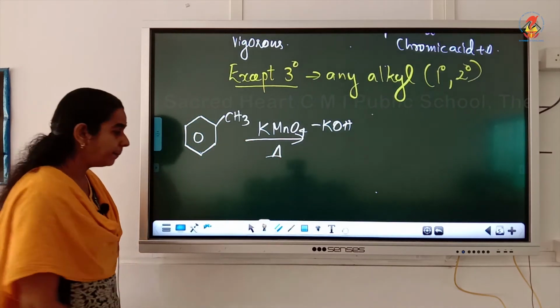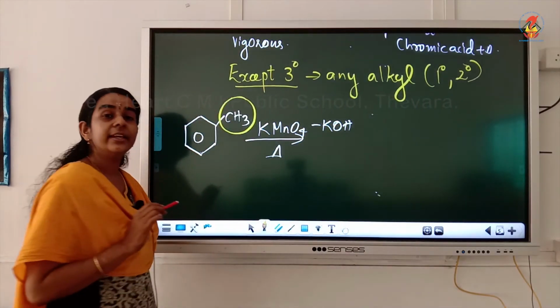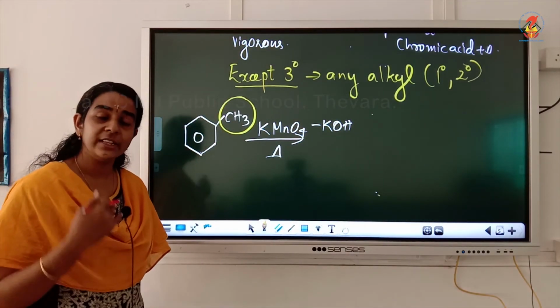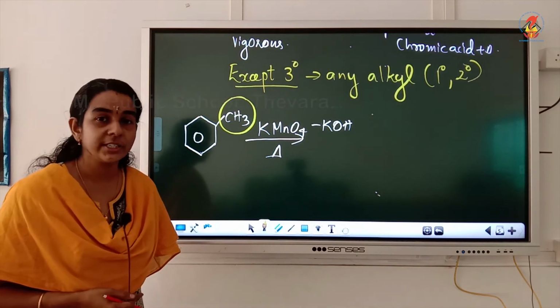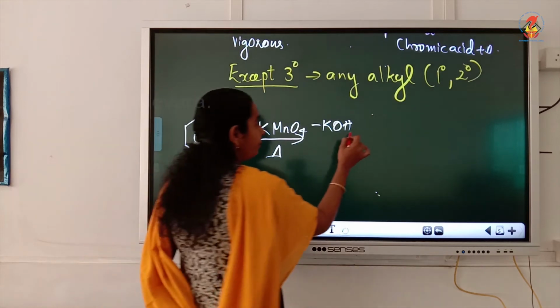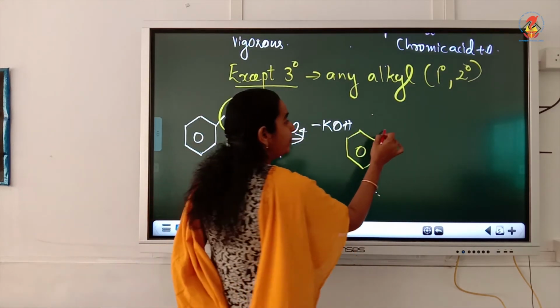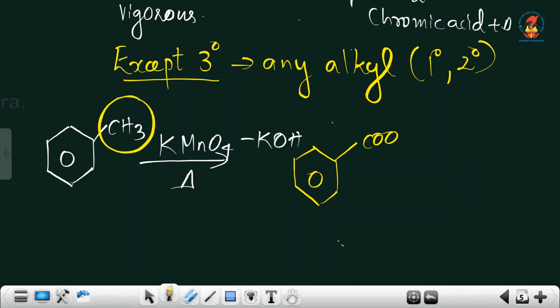Here, remember that during side chain oxidation the entire side chain will be oxidized to carboxylic acid. So here the CH3 group will be converted to COO.